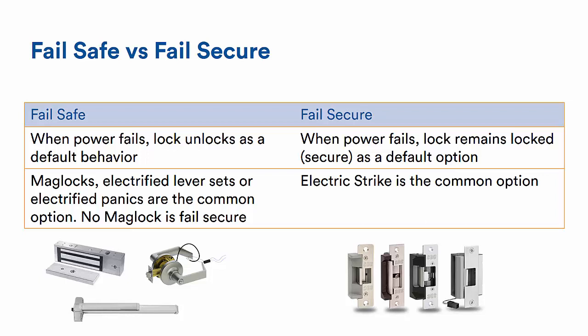Because if a fire breaks out and the access control system is offline, occupants must be able to freely move from floor to floor to avoid the fire. Therefore, electrified panics must be latched but not locked. Latched to ensure that the door is not swinging in the wind, as that allows the fire to spread, but never locked to ensure free movement from floor to floor.